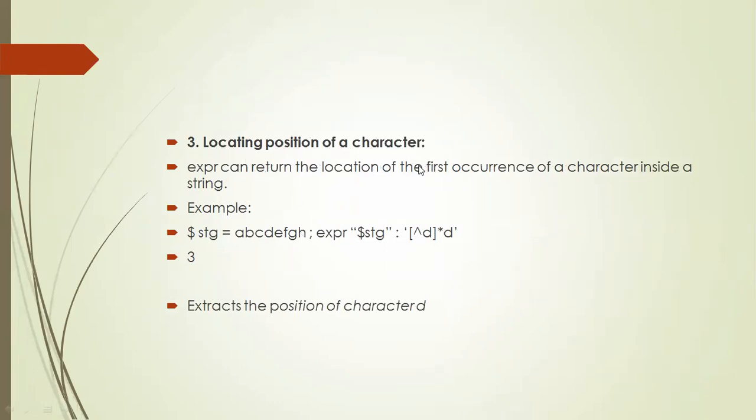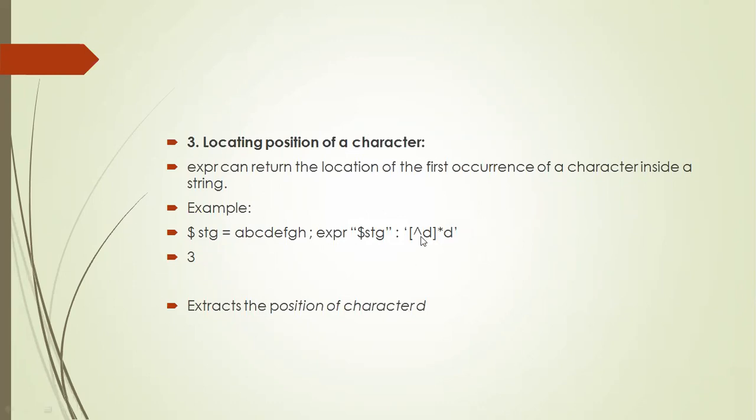Then, locating the position of a character. How to locate the position? A string is given, EXPR, string. To the left must be a string, then a colon, and to the right a regular expression. Then you can see not D, then star D, which extracts the position of D. How does it extract?